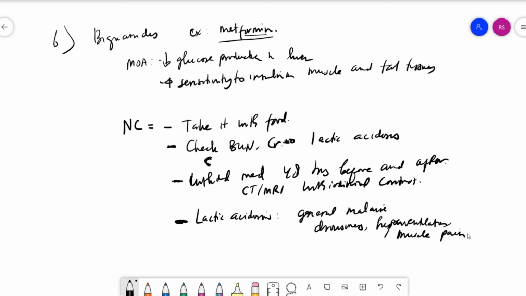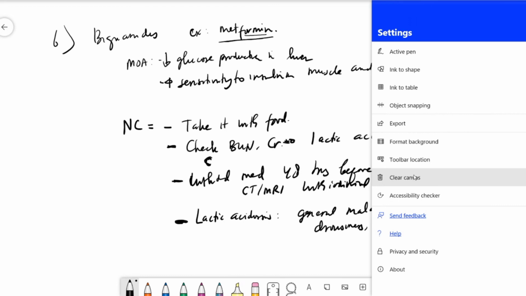Let them know that although it's very rare, it still can happen, especially in patients who have decreased kidney function. So tell the patients about this particular drug and teach them the signs and symptoms of lactic acidosis. So that's the biguanides, example metformin.